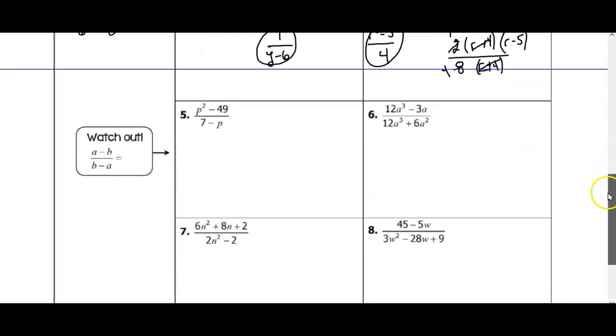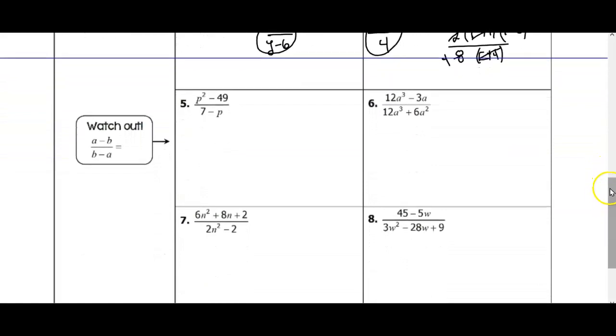Alright, let's move on down, and I'm just going to move through these fairly quickly. We'll talk about this in a second, but first thing, look for GCF. Okay, nothing common there. So now we're going to end up with a p minus 7 and a p plus 7. And then down here we have 7 minus p.